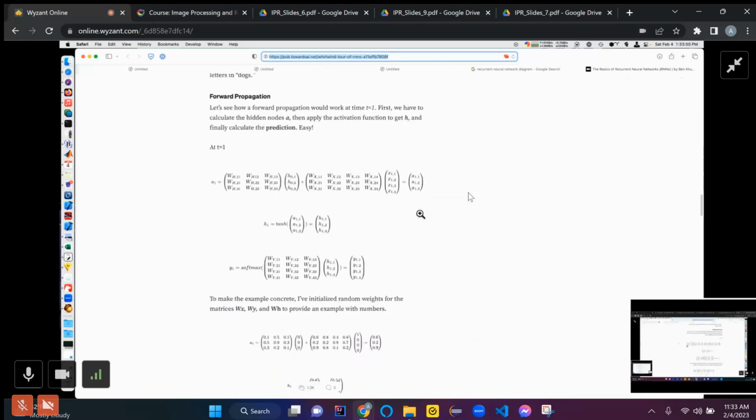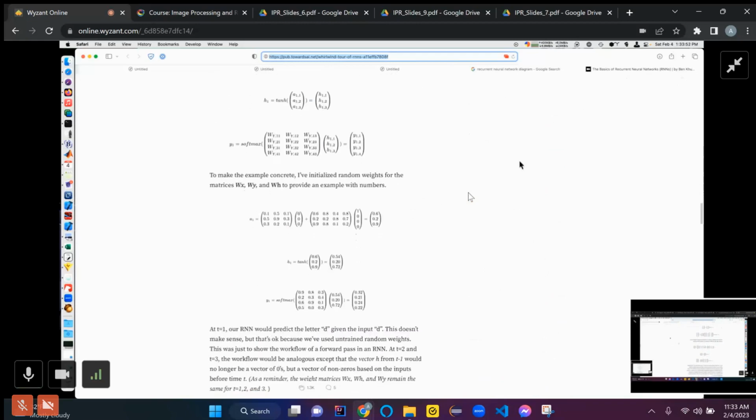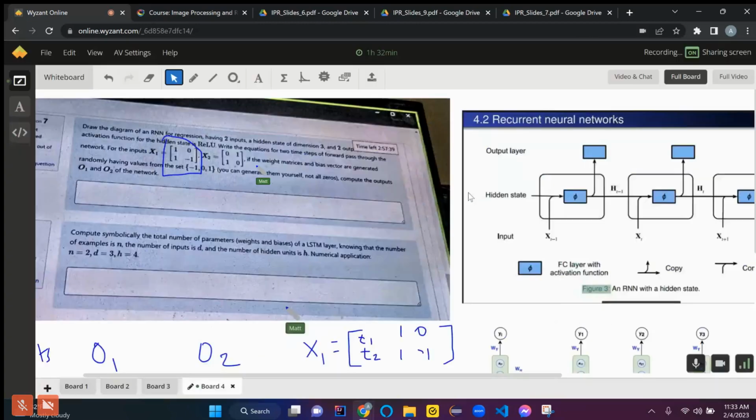I guess maybe not. In your example, they're saying there's 2 outputs, so maybe they just mean... this is what I just don't get. Is it 2 outputs at each time step? Because with recurrent neural nets, you can generate the output at each time step, or you can only generate the final output.